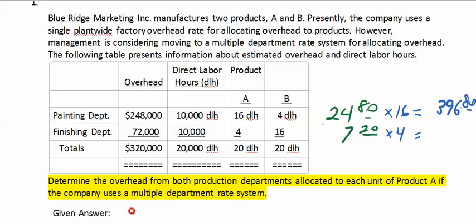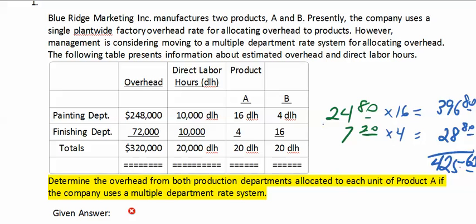I get $7.20 times 4 hours, and that's $28.80. So for product A, the total amount then, adding those two numbers together, is $425.60. So that would be the correct answer.